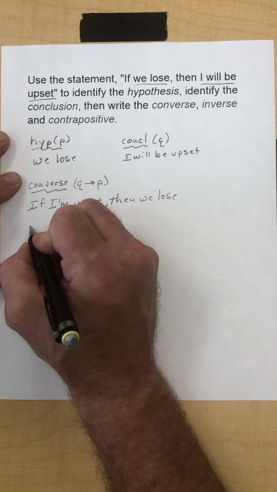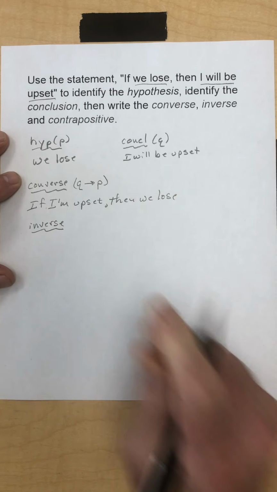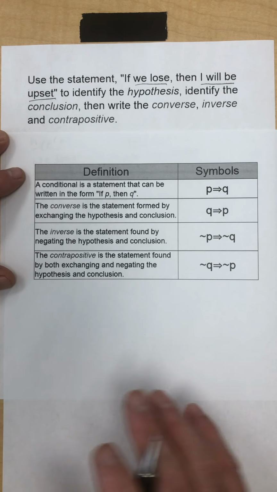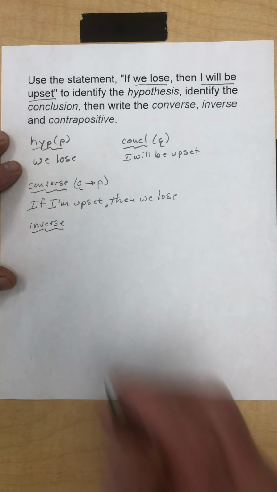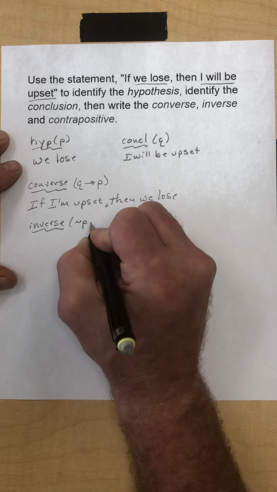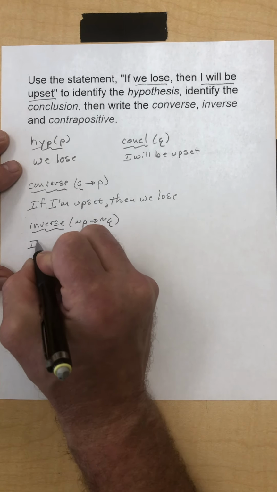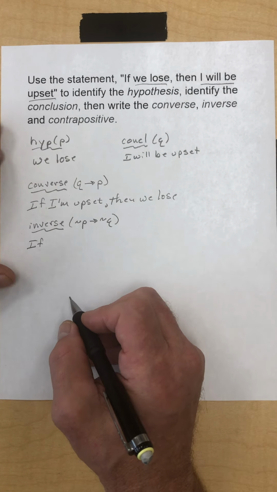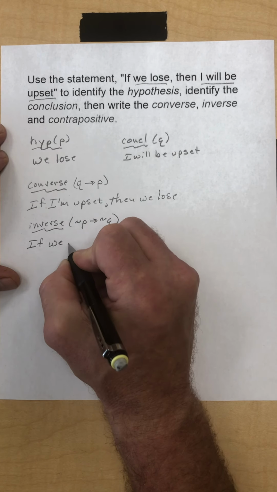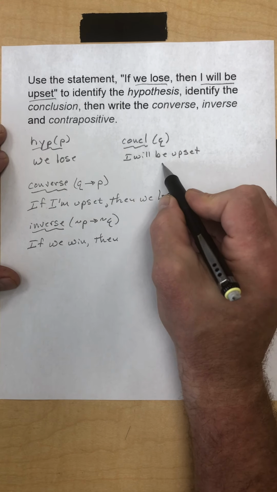So let's do our inverse. Remember, we don't switch them, we just negate them. So non-P implies non-Q. So we say if, I have to negate that, if we win, or we don't lose, no matter how you want to say it, if we win, then I have to negate this.